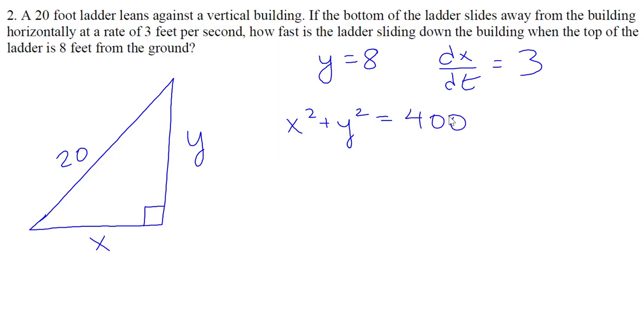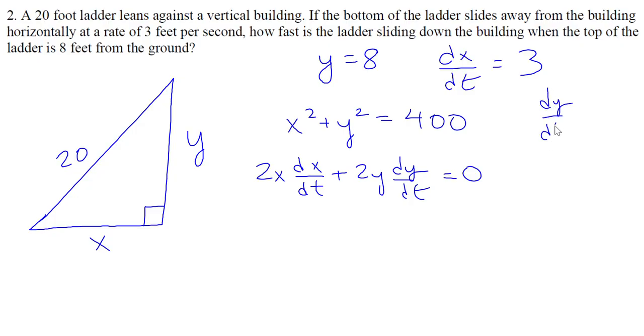We can then just take the derivative of this with respect to t on both sides. So 2x dx/dt plus 2y dy/dt is equal to 0. And we're looking for how fast the ladder is sliding down. That's dy/dt. So we've got almost everything that we need here.